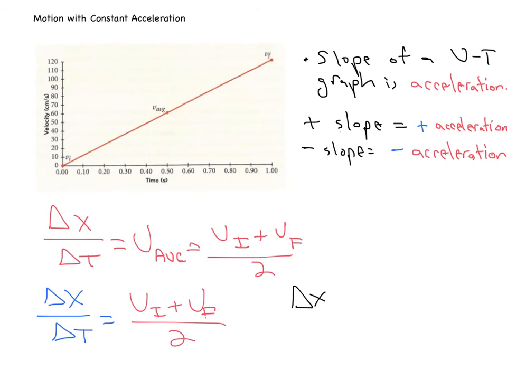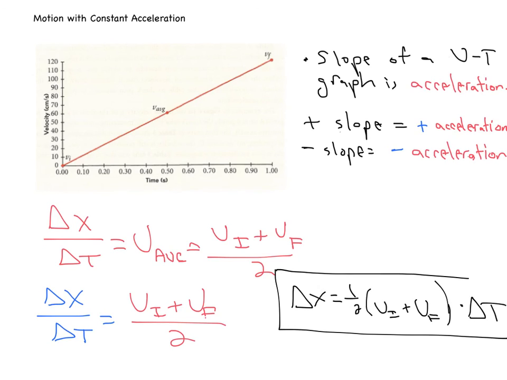The displacement of an object is equal to 1/2 (vi plus vf) times delta t. So this now is a new equation for our tool belt that we can use to apply to physics problems at constant acceleration.